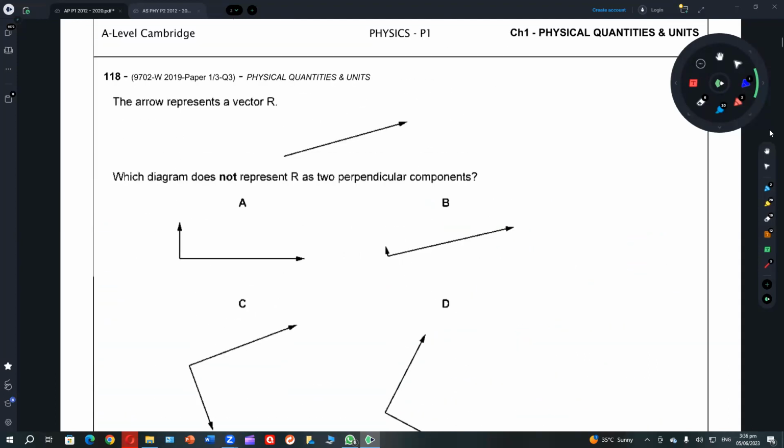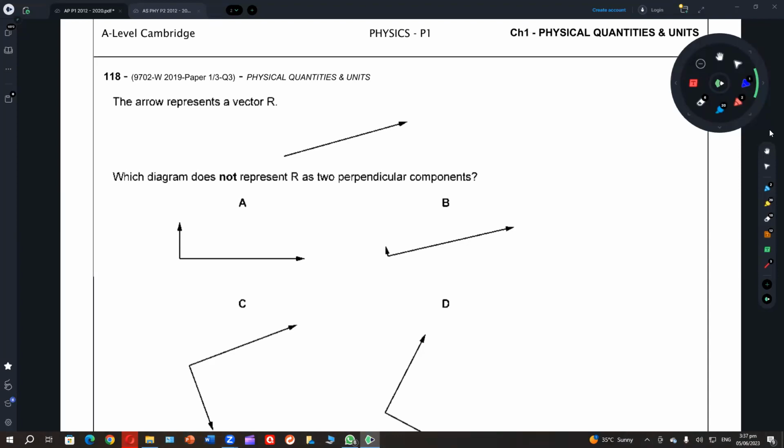The arrow represents a vector R. Which diagram does not represent R as two perpendicular components, horizontal and vertical components? So we need to find where we can find the components.